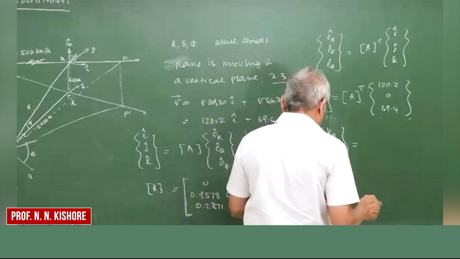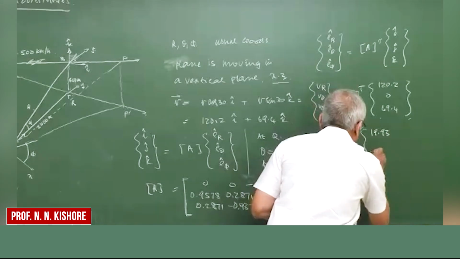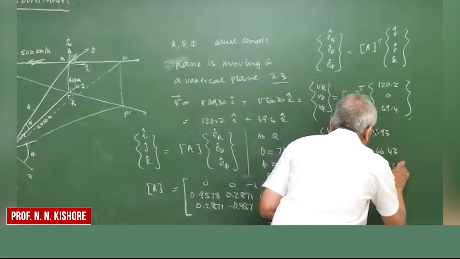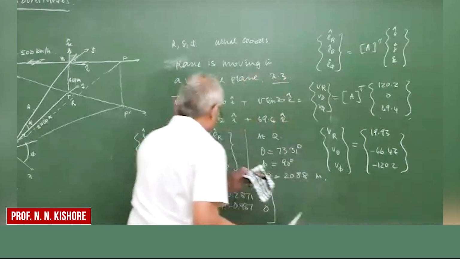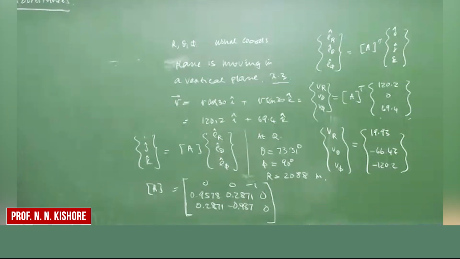So this you will get as 19.93, minus 66.47 and minus 1. We also have the expressions for v_r as r dot, v_theta as r theta dot, and v_phi as r phi dot sine theta.